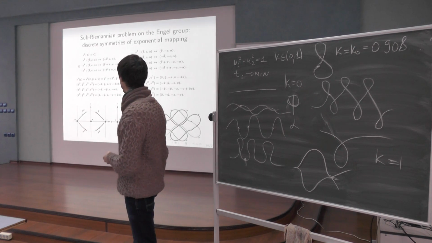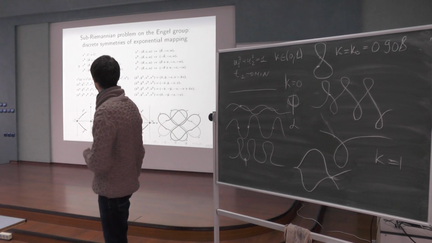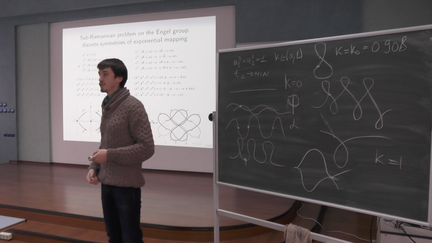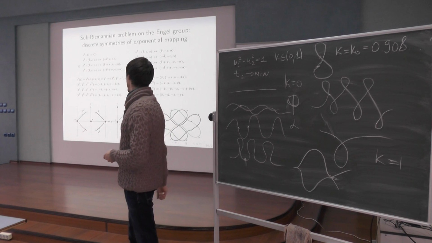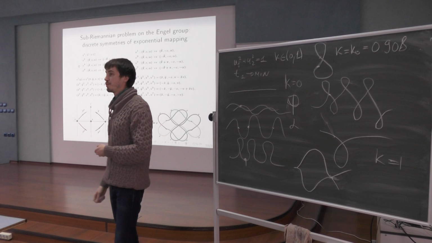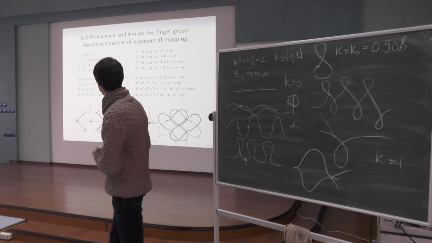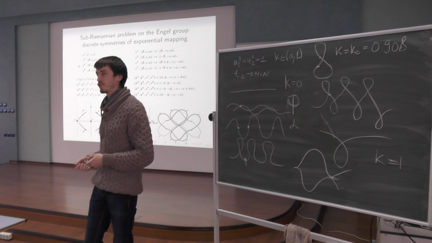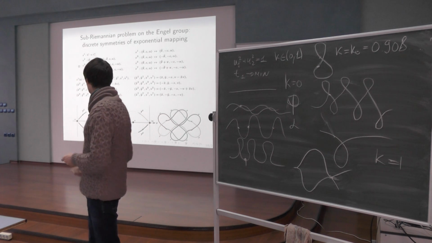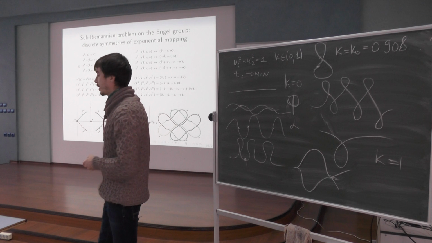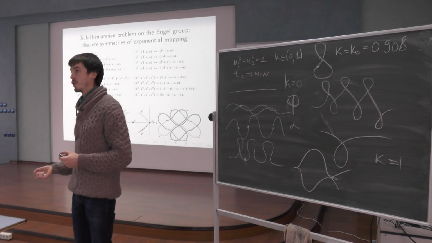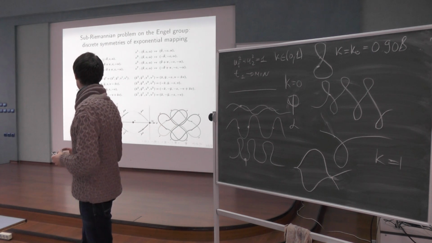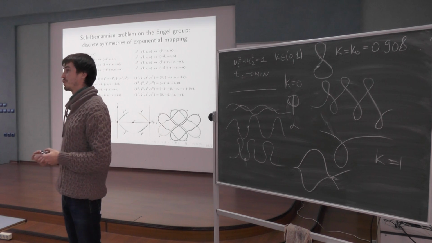In our problem we have 8 discrete symmetries, and they appear from reflections of the pendulum, and then we continue them to the image and to the pre-image of the exponential mapping, and we have to consider fixed points of those symmetries in the image and in the pre-image.